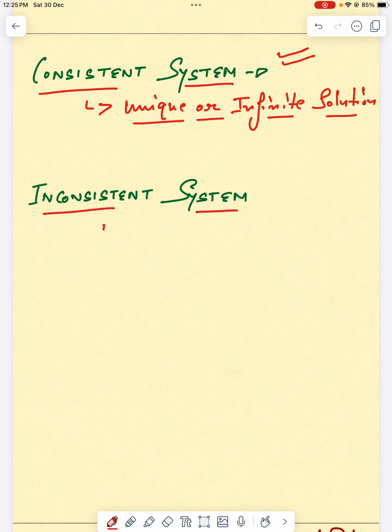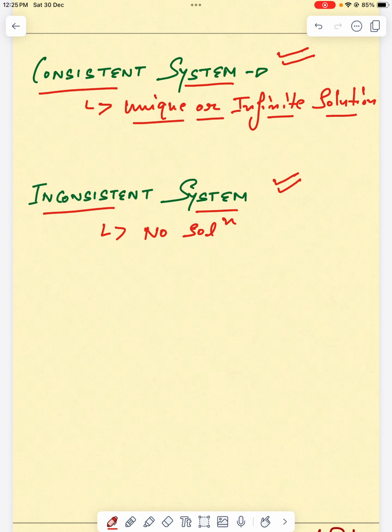Similarly, if you are getting no solution for the given pair of linear equations, that system is called the inconsistent system, right?